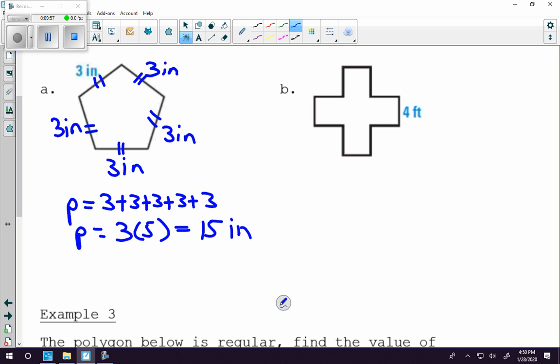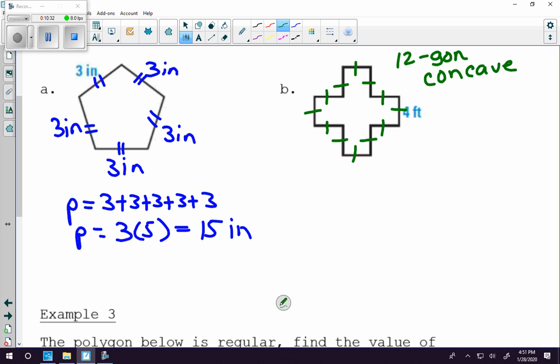Now in part B, counting the sides, how many sides does it have? 1, 2, 3, 4, 5, 6, 7, 8, 9, 10, 11, 12. It's a 12-gon. Second, it's also concave. So properly speaking, we would call this a concave 12-gon.